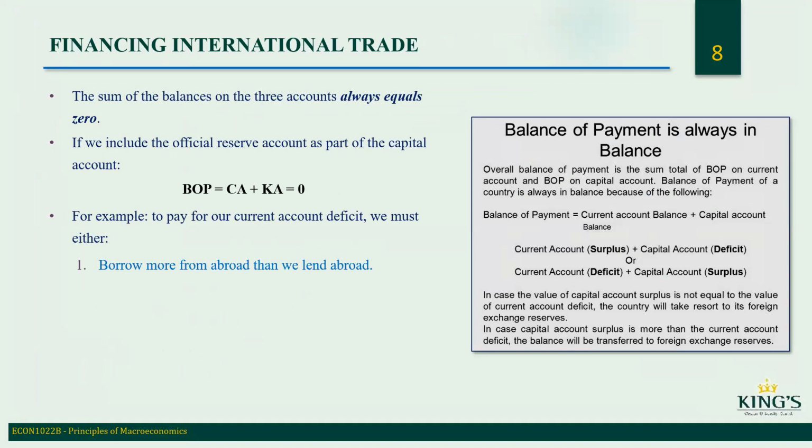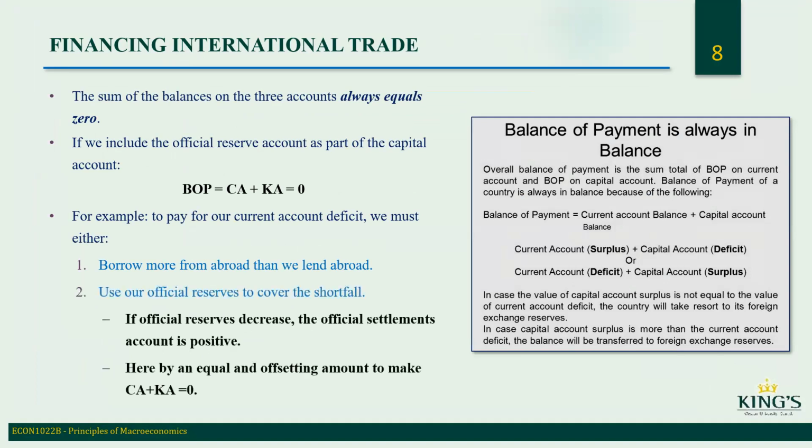To pay our current account deficit, we must borrow more from abroad than we lend abroad, or use our reserves to cover the shortfall. So those are the things we can do to cover our current account deficit.